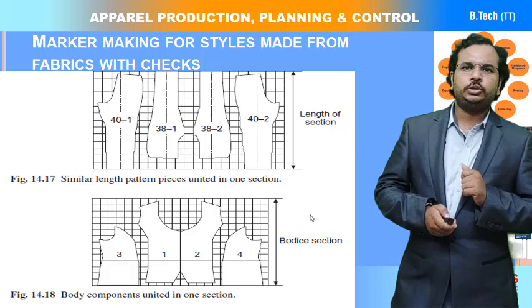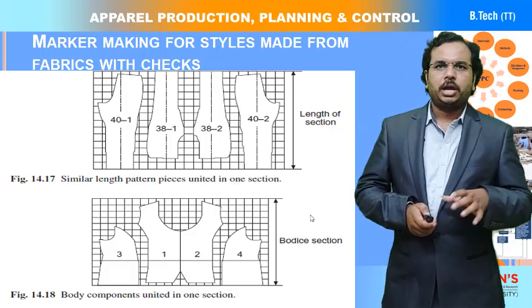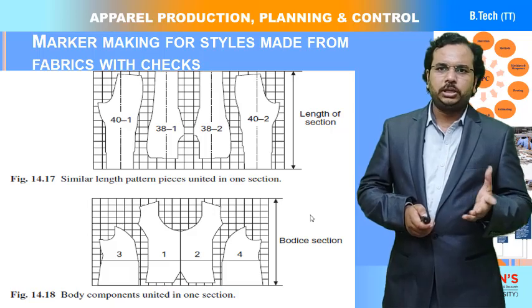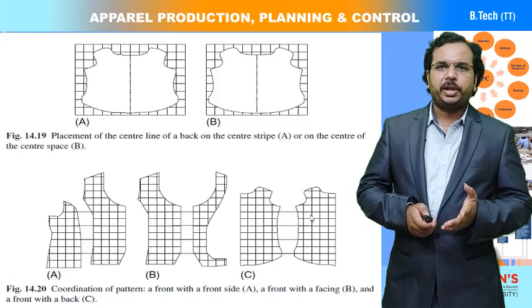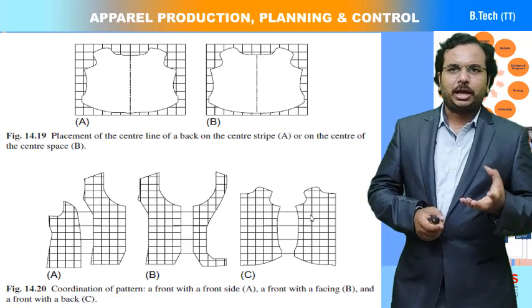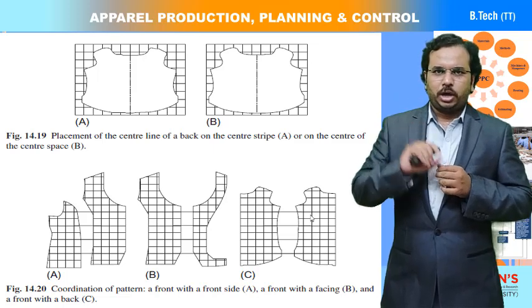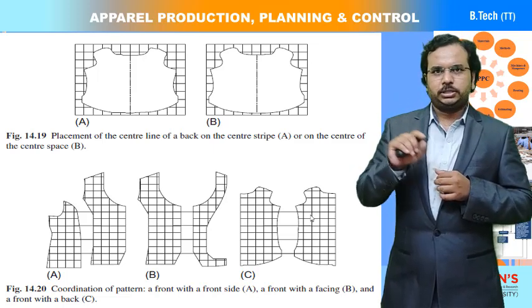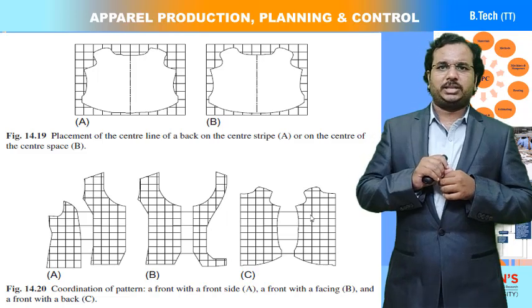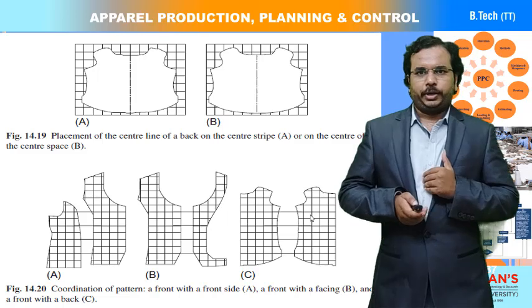Okay. So body components are united in one section, as I have shown in the image and explained, and after cutting the components will look like this, and both should be matched. That is why there are lines in between the two components. The checks have to be matched from one component to the other component.